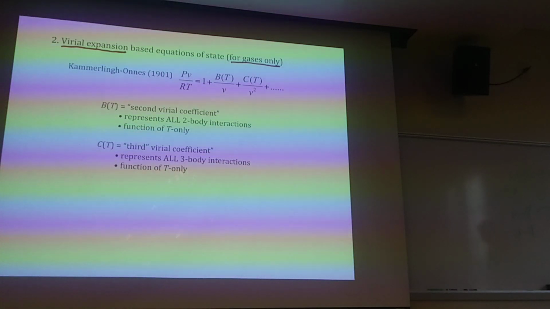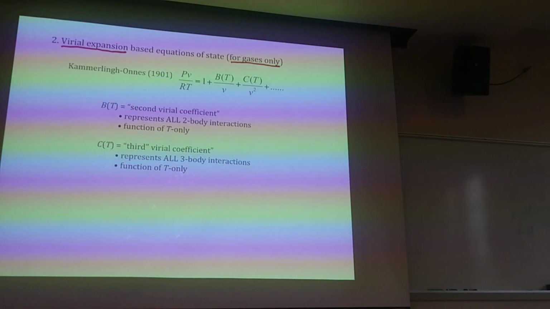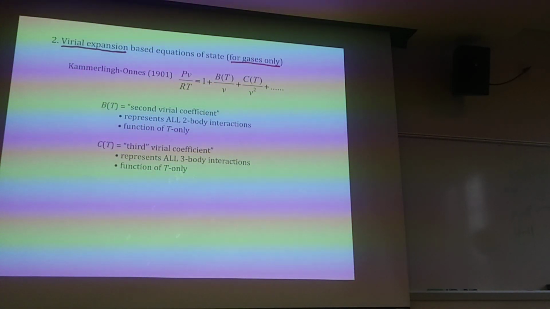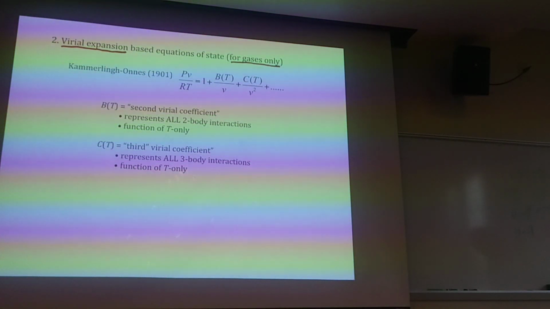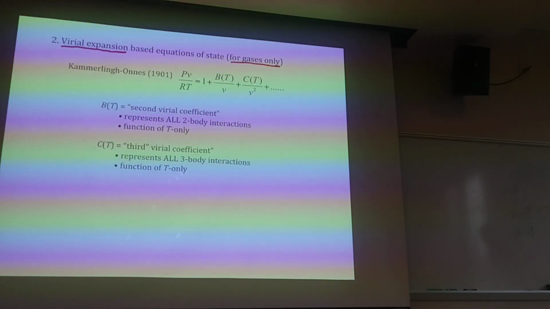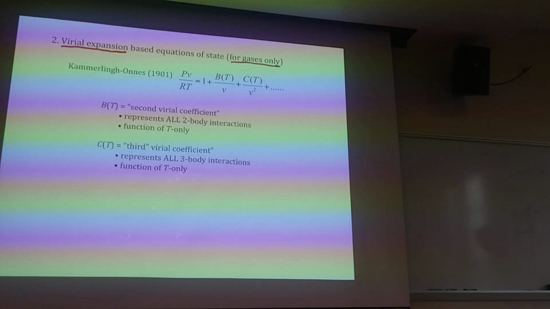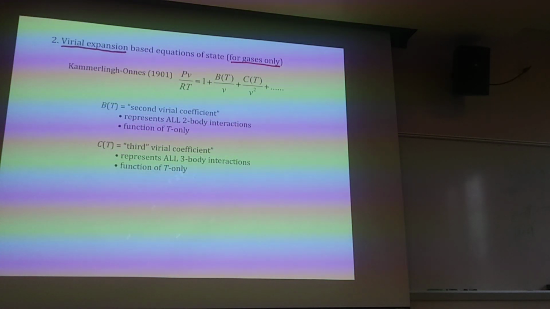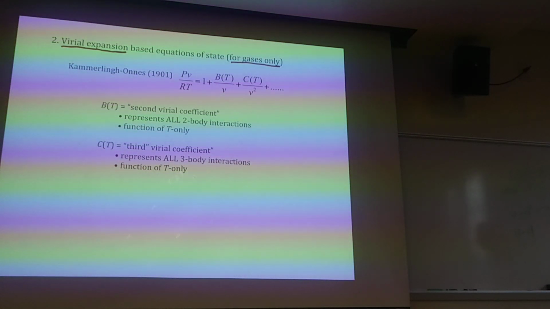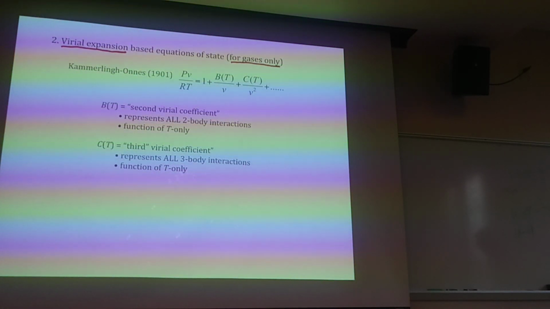So the virial expansion is derived on the basis of statistical thermodynamics. A long time ago, Kamerlingh Onnes, in 1901, was able to show that I could express this PV over RT ratio as a power series in the molar density. And this was rigorous.